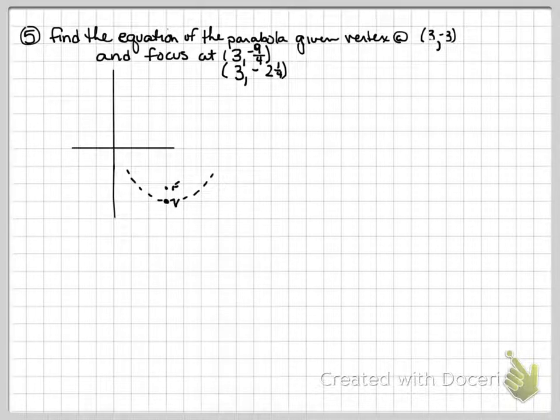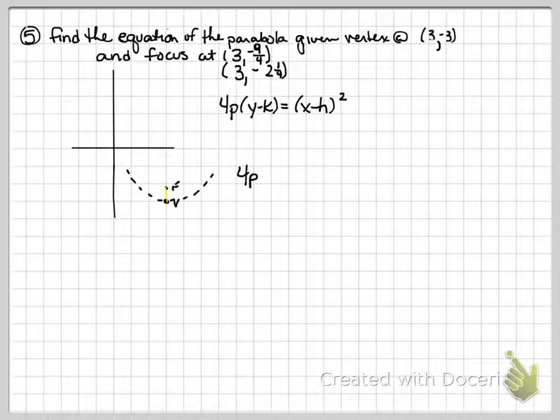Since my parabola has to open up, I am using 4p(y - k) = (x - h)^2. Now, I already know h and k. Those aren't the big ones. I just need to find 4p. So I'm going to go off to the side and let's just find 4p. Well, remember, p is the distance between the focus and the vertex.